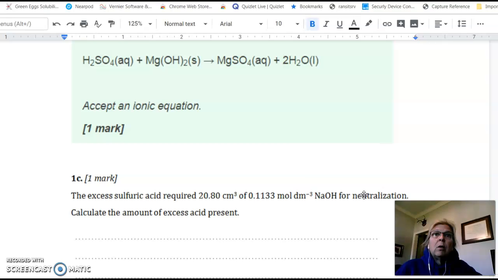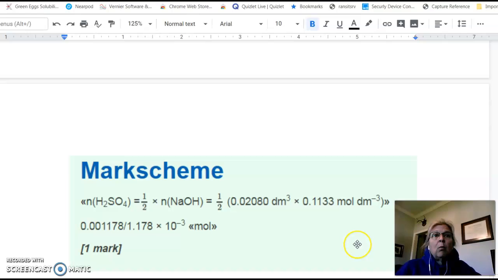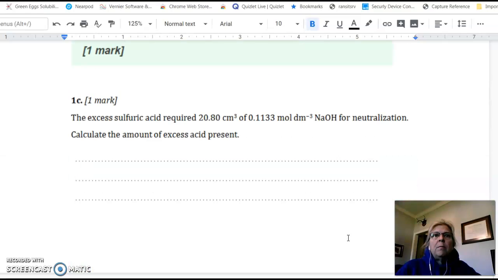Let's look here and see. It's got 1/2 times the moles of NaOH, oh, because that's exactly half. That gives us exactly the half number of moles. So we'll go back and talk about this a little bit in our next video.